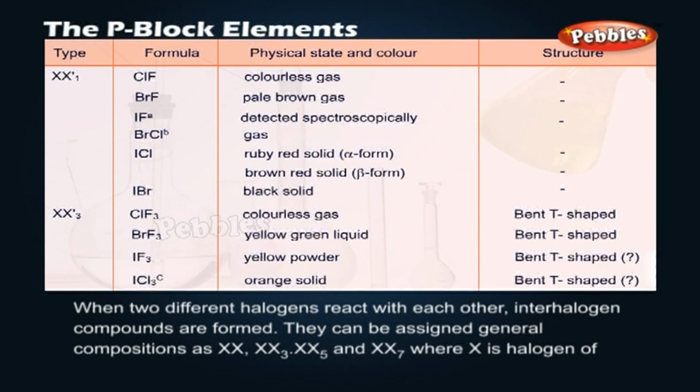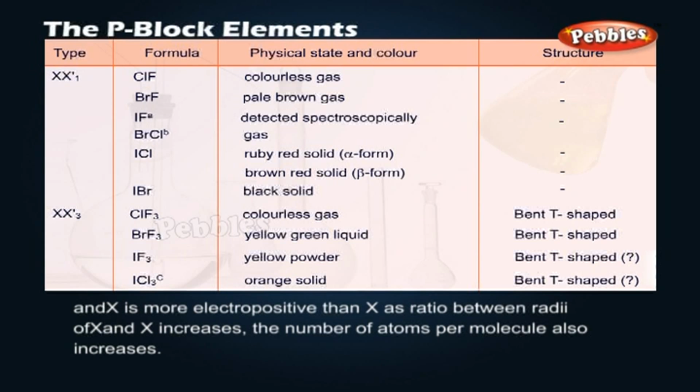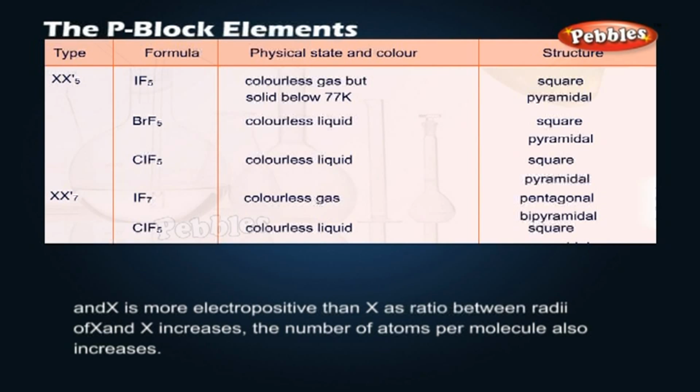Interhalogen compounds. When two different halogens react with each other, interhalogen compounds are formed. They can be assigned general compositions as XX', XX'3, XX'5, and XX'7, where X is the halogen of larger size and X' of smaller size, and X is more electropositive than X'. As the ratio between radii of X and X' increases, the number of atoms per molecule also increases.